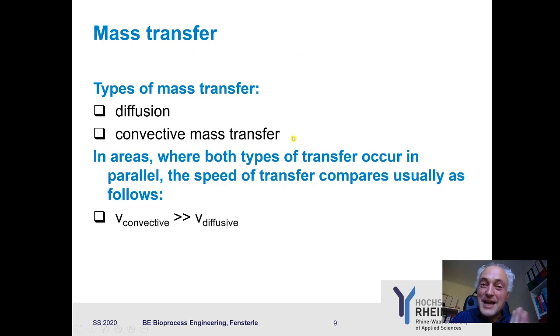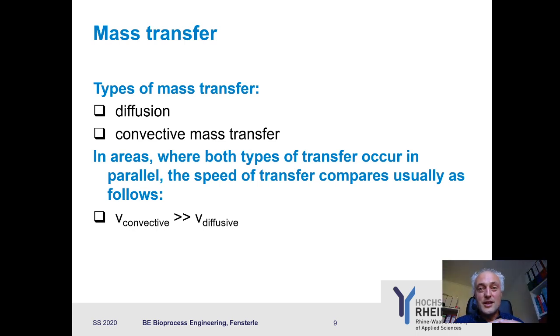So mass transfer, we have 2 basic types of mass transfer. We talk about diffusion and we talk about convective mass transfer. Convective means that I push my particles with another force through the system. So I have a wind, and due to this wind, my oxygen particle is transferred from here to here.